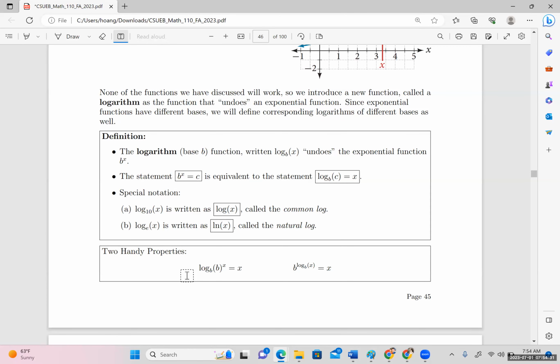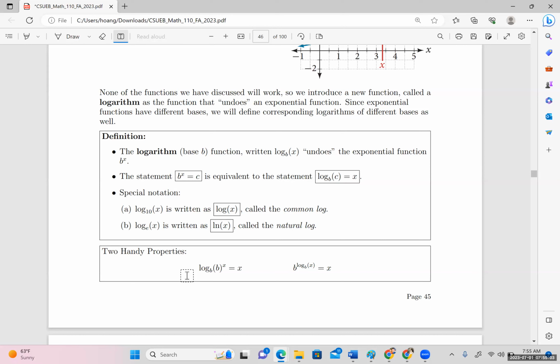None of the functions we have discussed will work, because why? We learned about linear functions, which is just a line, and x is not in the exponent. Quadratic functions are a parabola of the form ax squared plus bx plus c, and also x is not in the exponent.